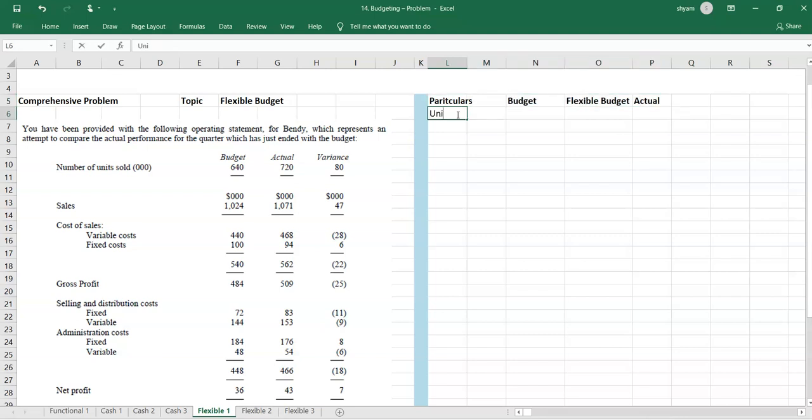So we'll start from units, sales, then cost of sales, that's split into variable cost and fixed cost. We'll get gross profit.